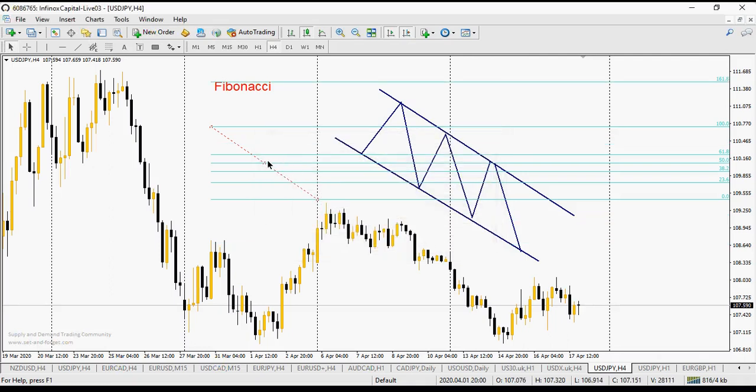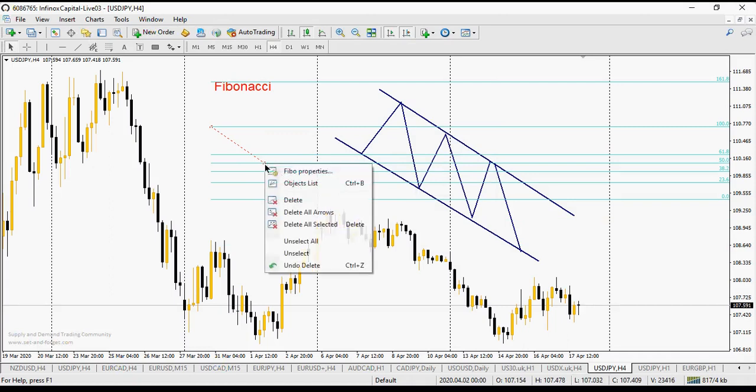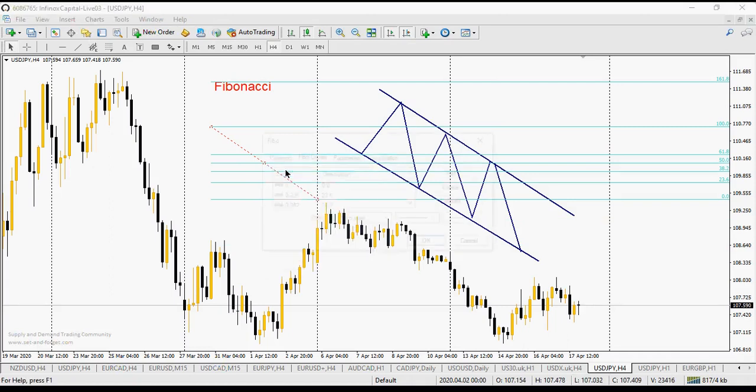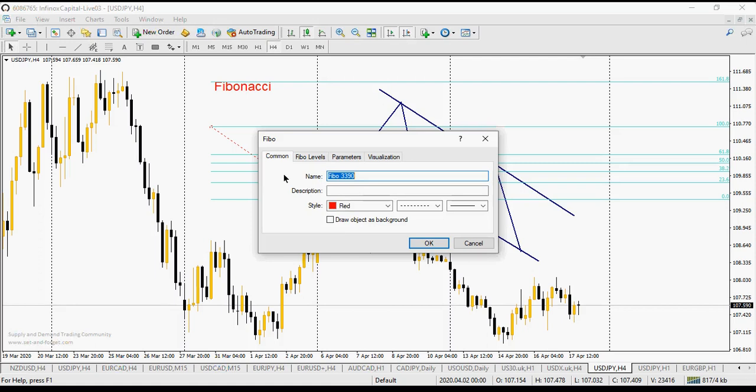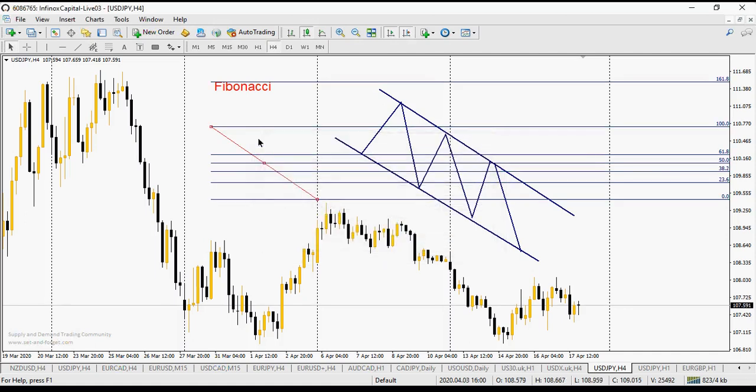So by default, this is the Fibonacci tool. Let me color it. You can always color your Fibonacci tool navy blue. This red line here, I can decide to make it a straight red line.